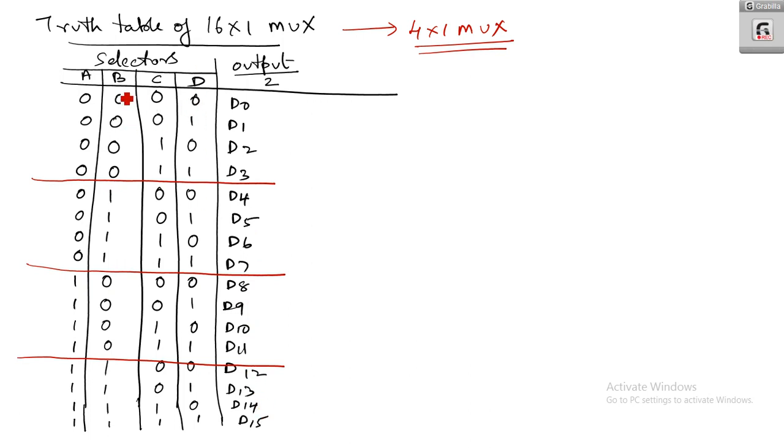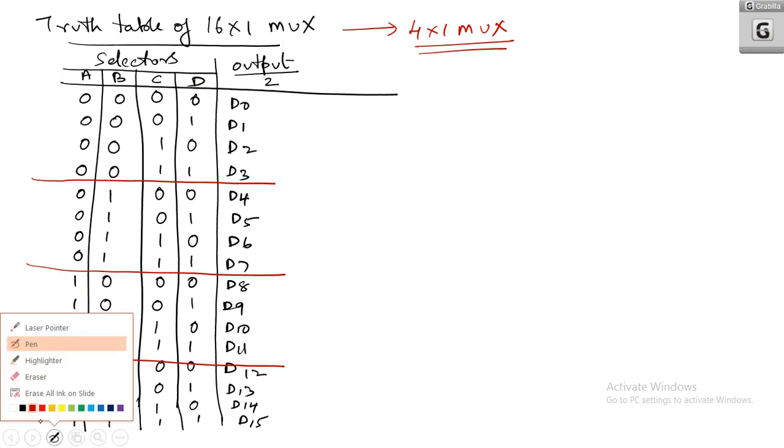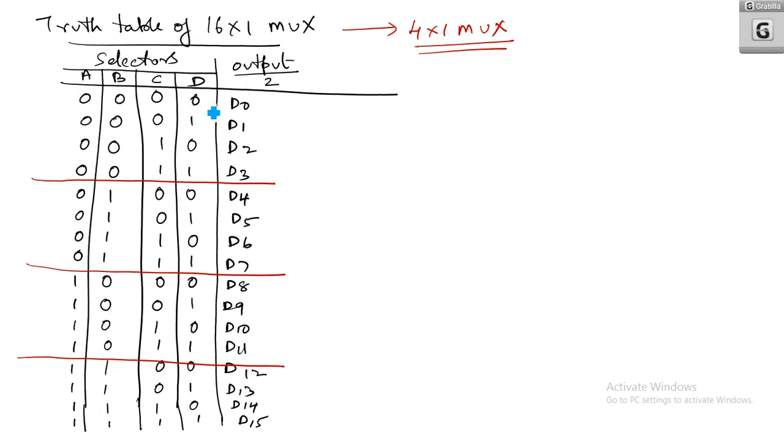Now if you look deeply into this, you can see a peculiarity. What is the peculiarity? The CD term is getting repeated. The same values of CD are repeated in each set, in the order 0 0, 0 1, 1 0, 1 1.